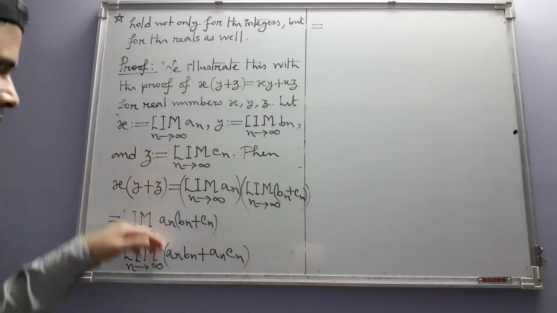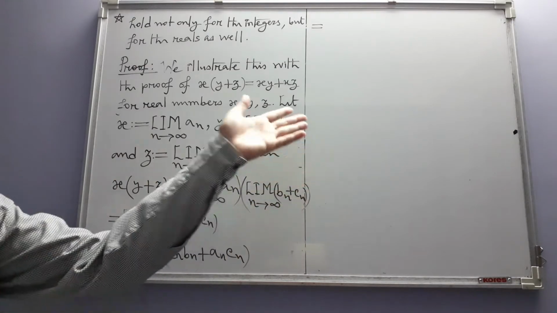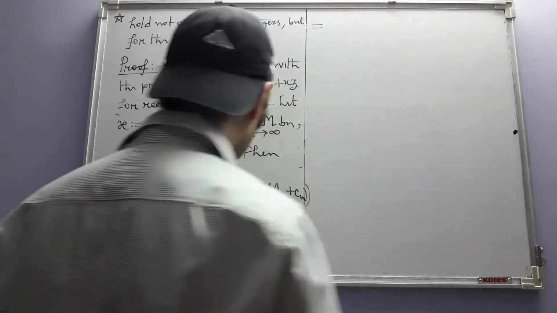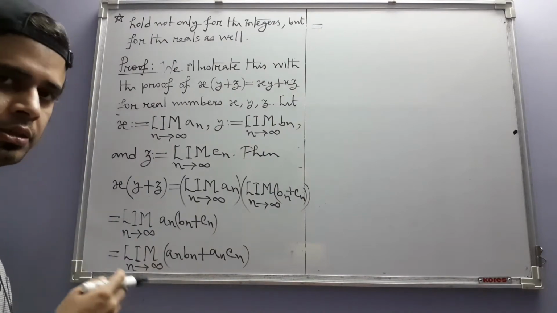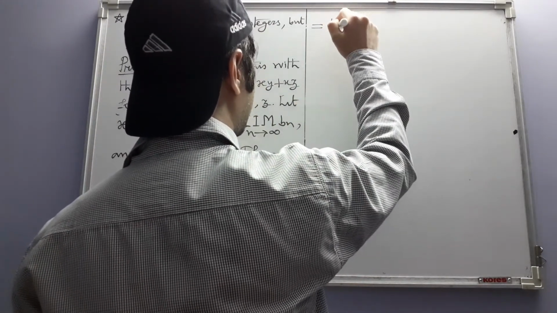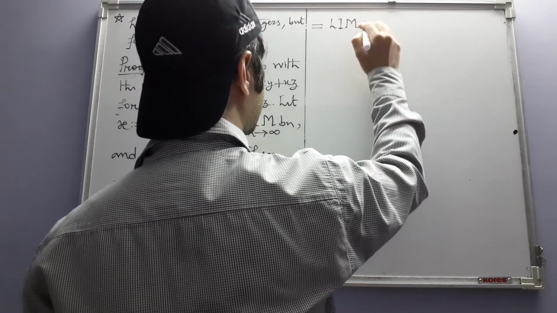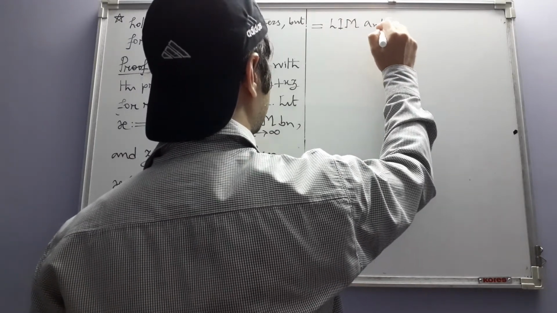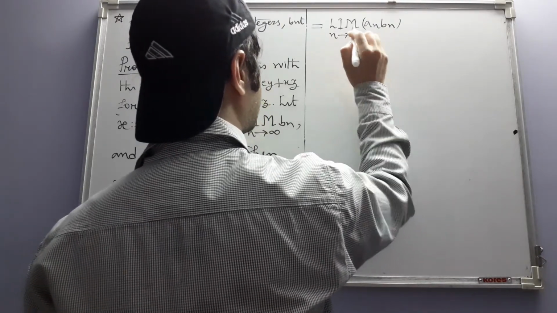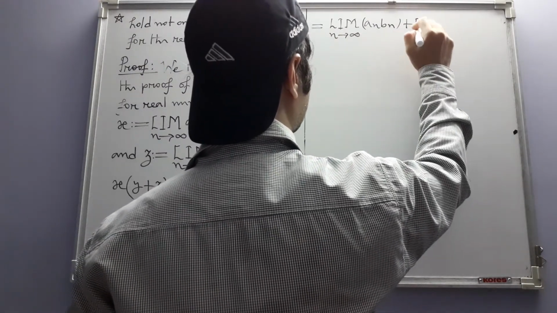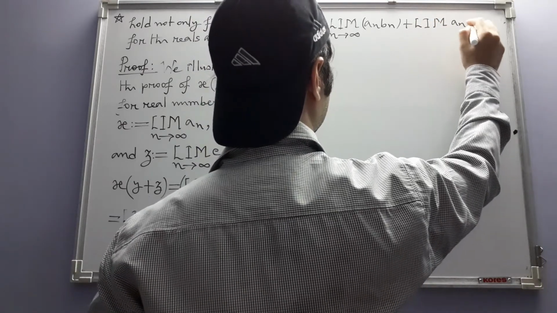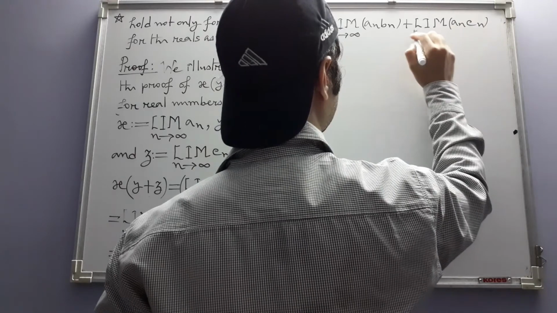You just let the calculation flow and see where it takes you. Now you again apply the definition of addition of two real numbers, and you can write this formal limit as a sum of these two formal limits, An Bn and An Cn.